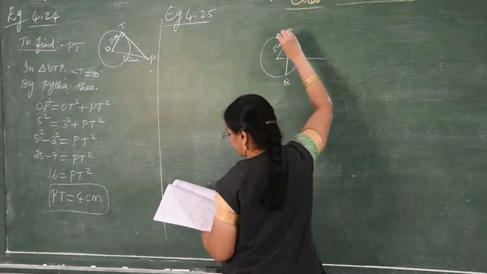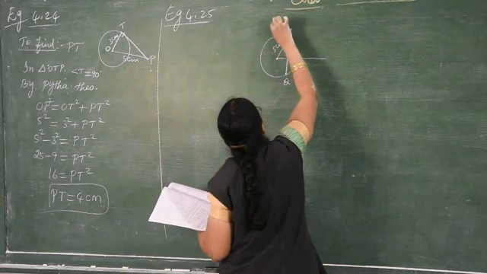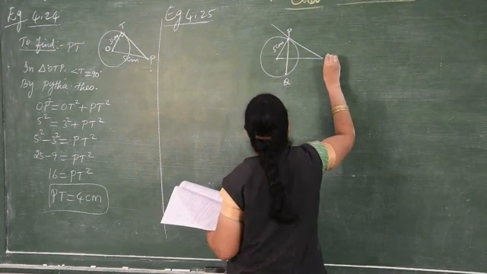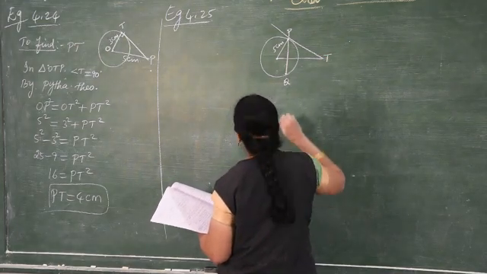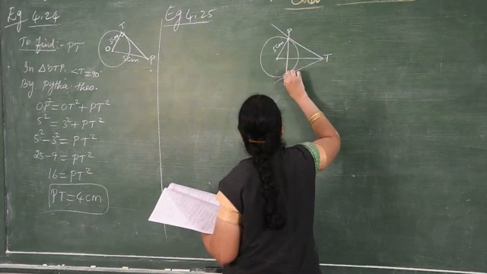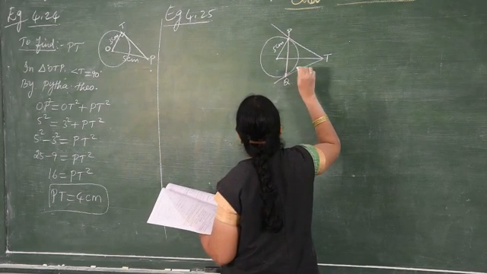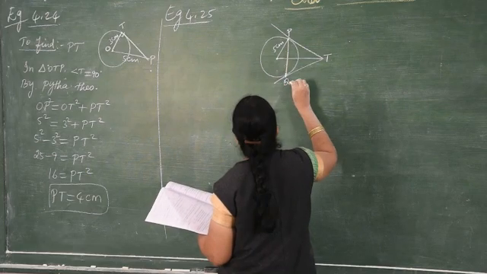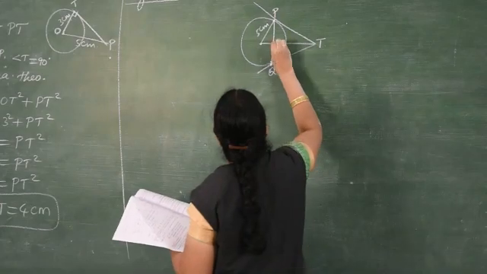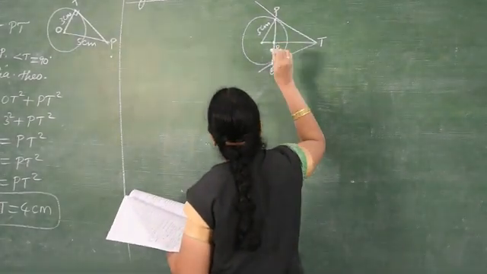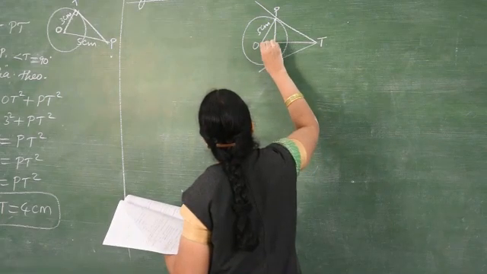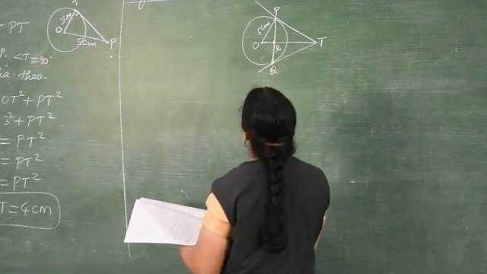A tangent is drawn from the exterior point T, intersecting at Q. This is R, the center is O, and here also it is a radius.